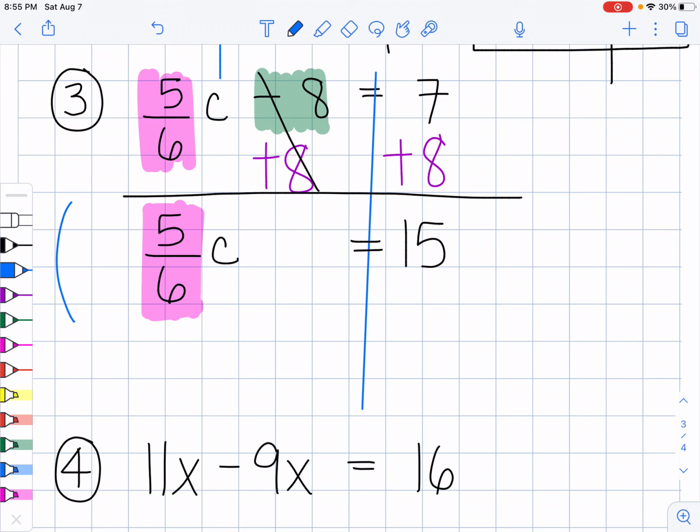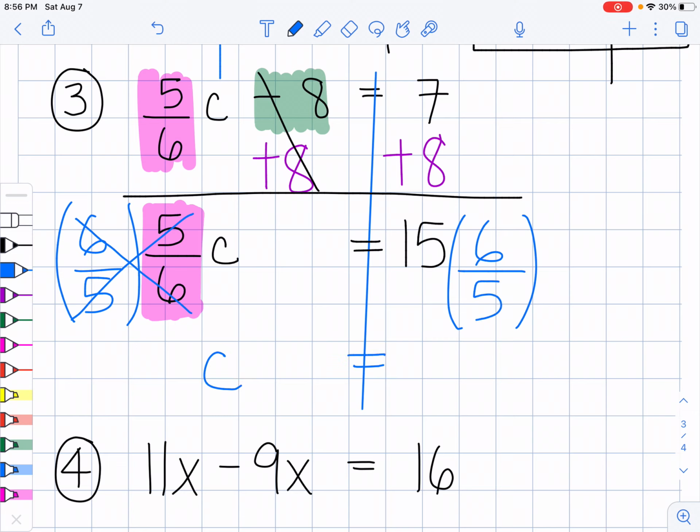I can multiply by the reciprocal, which means I take my fraction and I flip it over. The reciprocal of 5/6 is 6/5. Why does that work? Because 6/6 cancels each other out, it equals 1, and 5/5 cancels each other out, it equals 1. So whatever I do to one side, I have to do to the other side.